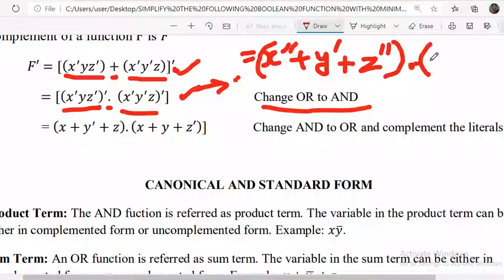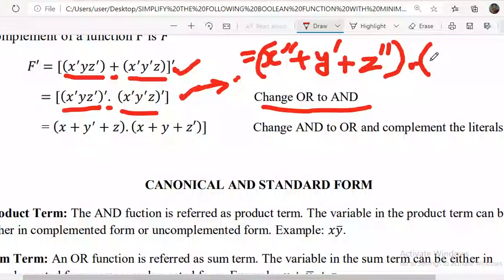Now after this what we are going to do is, if I have any variable with a double dash, then it will become the variable itself. That is, if a is any variable, a double bar or a double dash means I can write it as a, because double inversion will always cancel.